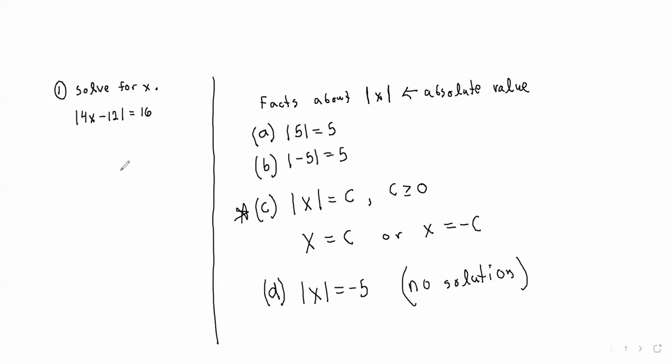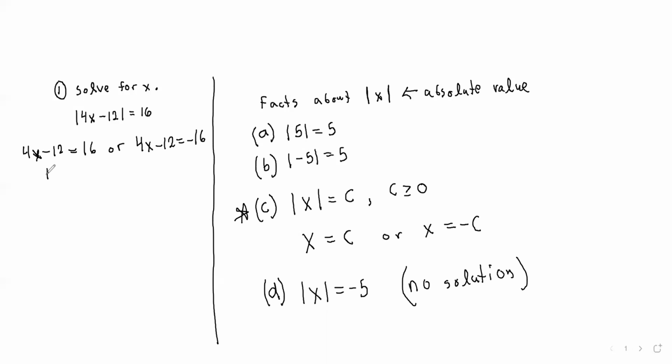So using fact C, we have that 4x minus 12 is equal to 16, or 4x minus 12 is equal to minus 16. In this problem, the value c is the 16, and the x is the 4x minus 12. So basically, to solve this equation, we just need to solve these two equations.